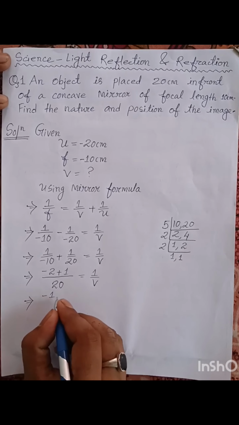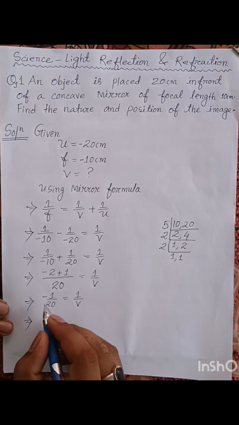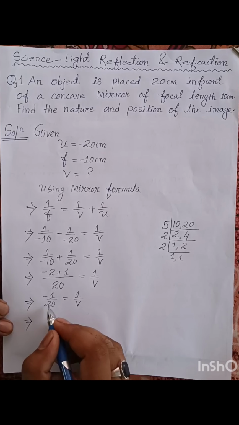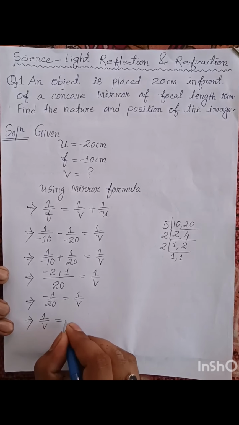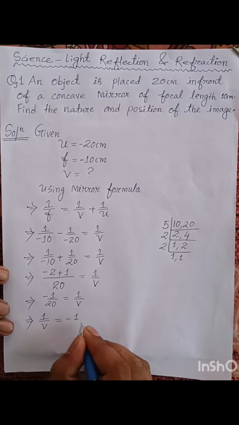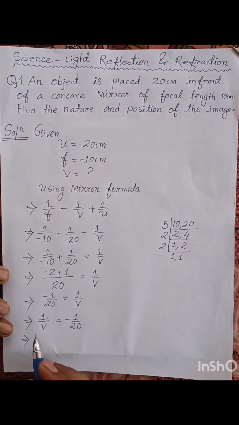Now bring this 1 by v to the left hand side and take this minus 1 by 20 to the right hand side. As it is, you write. Here we have minus 1 by 20, so I have taken this side, and 1 by v I have put on the left hand side. Now in the next step, I will do the reciprocal. 1 by v equal to minus 1 by 20.